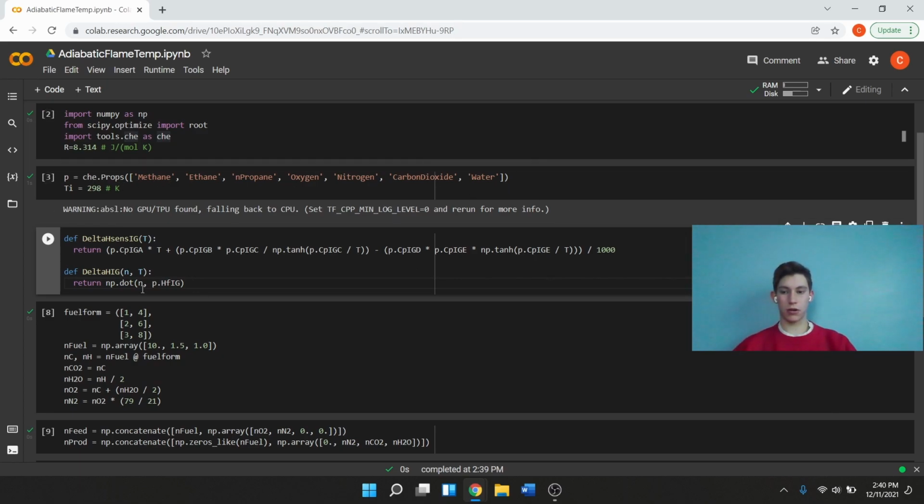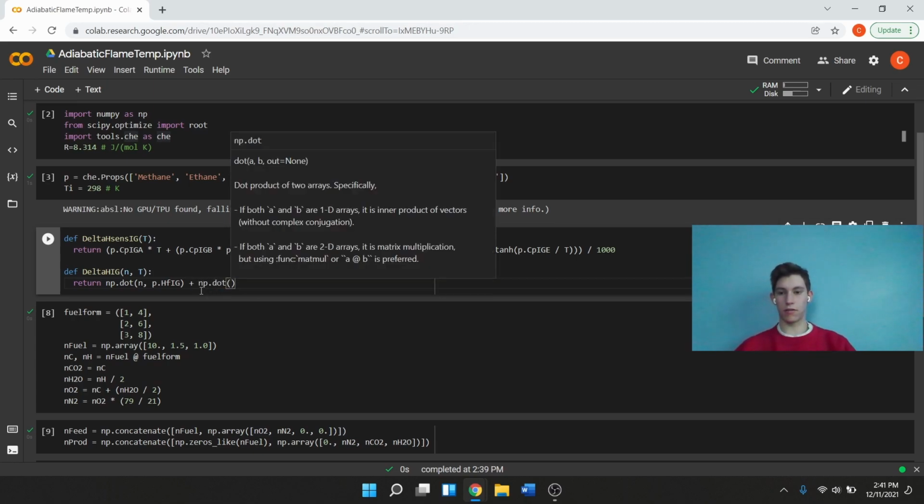So it has to be a dot product because we're multiplying essentially two matrices, even though the moles is just a single element. And then we're going to add this with the dot product of the difference between the two temperatures with the specific heat into consideration.